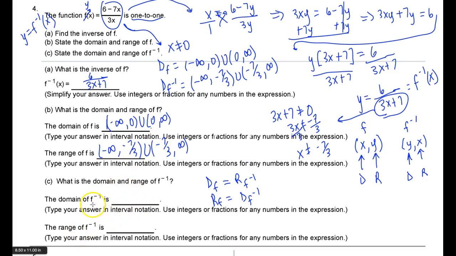The domain of the inverse function is the same as the range of the original function, which is all real numbers except for -7/3. And the range of the inverse function is the same as the domain of the original, which is all real numbers except for 0. And so that's how we answer these questions and decipher what's going to be the domain and range of the original function as well as the inverse.